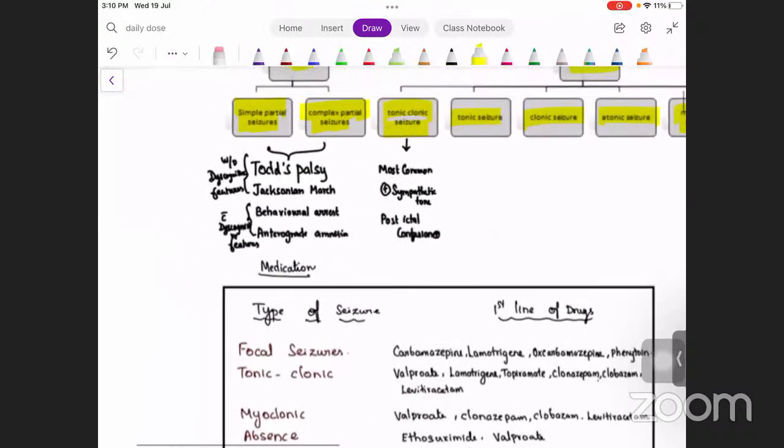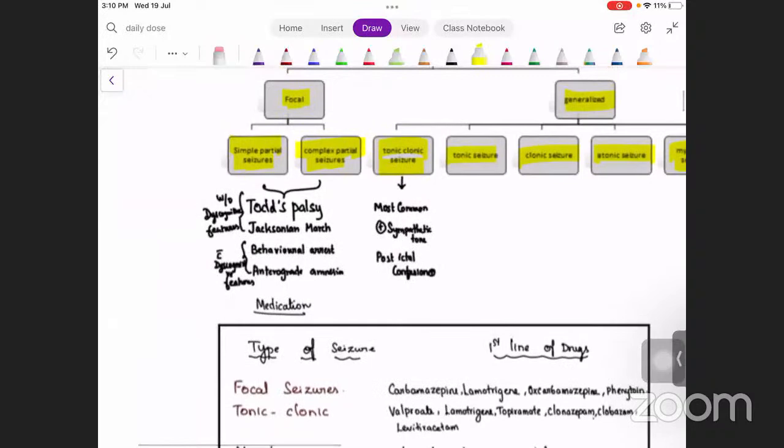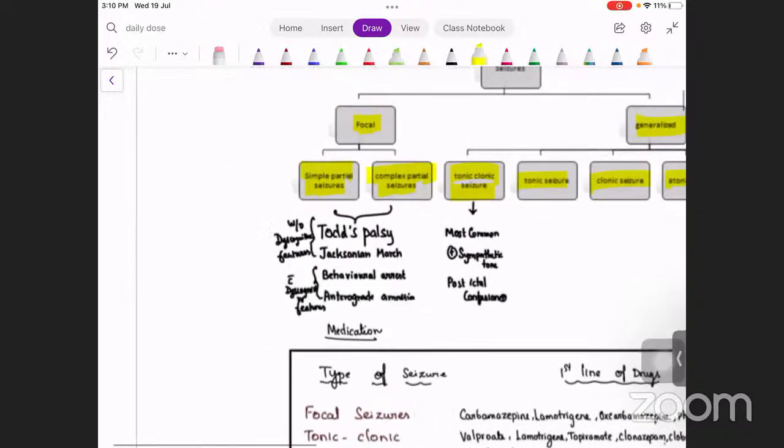Now, speaking about the focal seizures, they are associated with Todd's palsy and Jacksonian march, and apart from that, behavioral arrest and anterograde amnesia. These are the four syndromes associated with focal seizure.